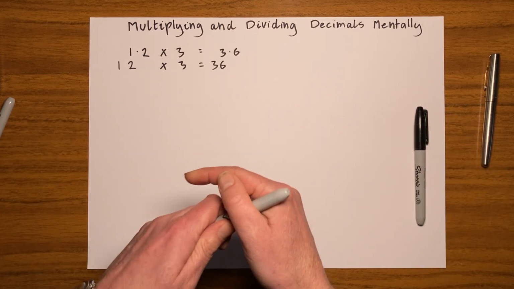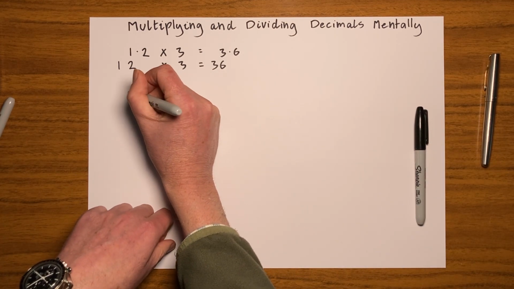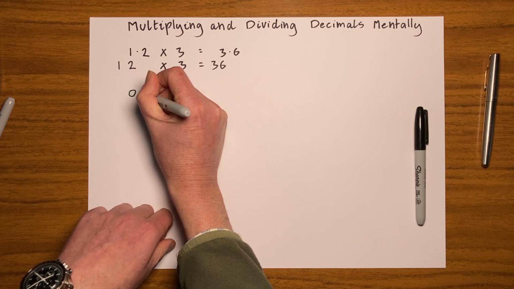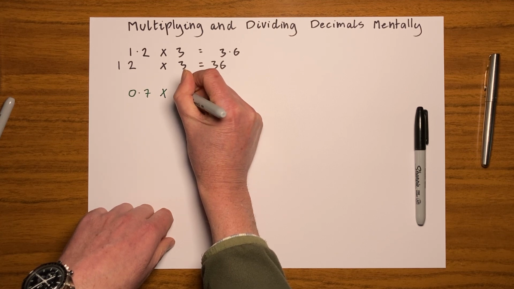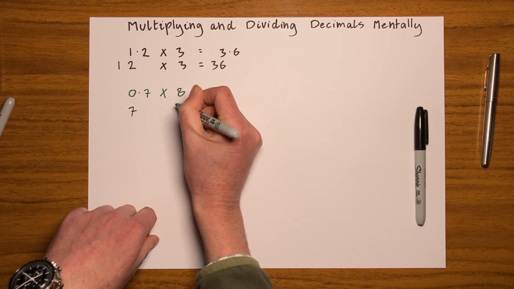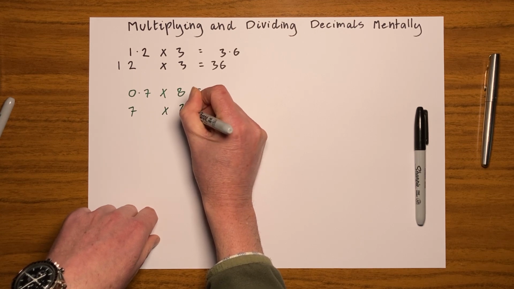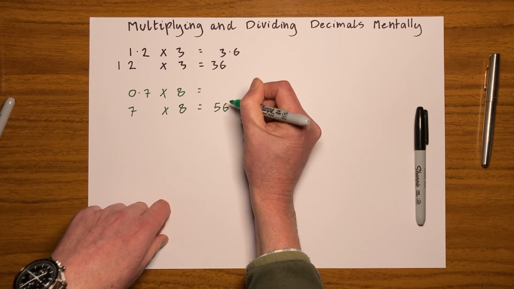I'm going to go for some different colours today. This always works. Let's go for 0.7 times 8. Now, first of all, I'm going to do 7 eights. And I know that 7 eights are 56.